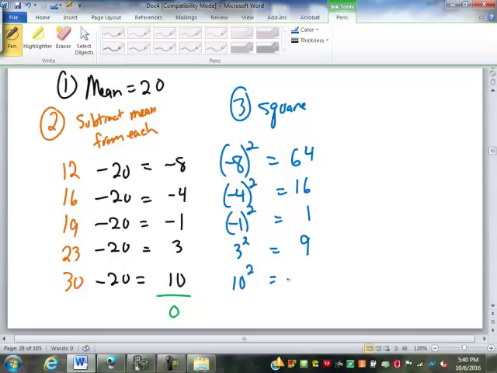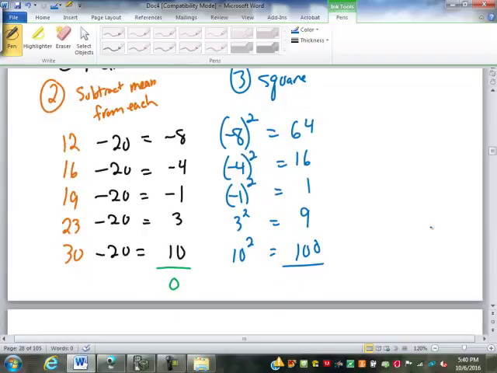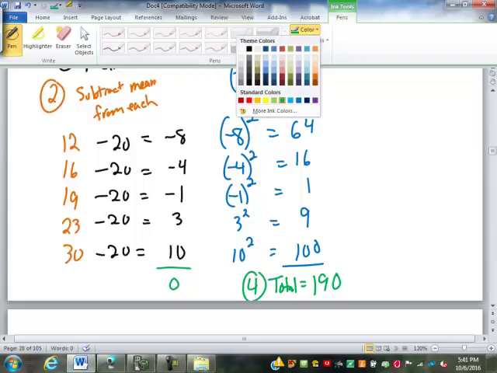And 10 squared is 100. Step 4. Find the sum or add them up. Find the total, right? If we add those all up, we get 190, correct?